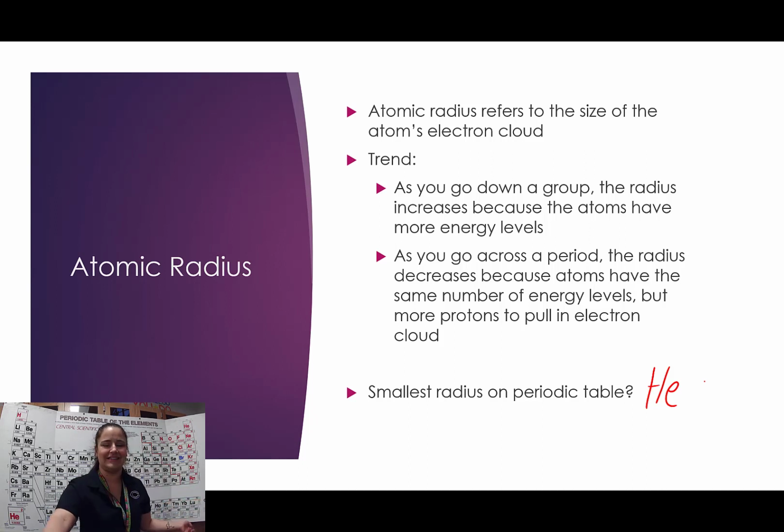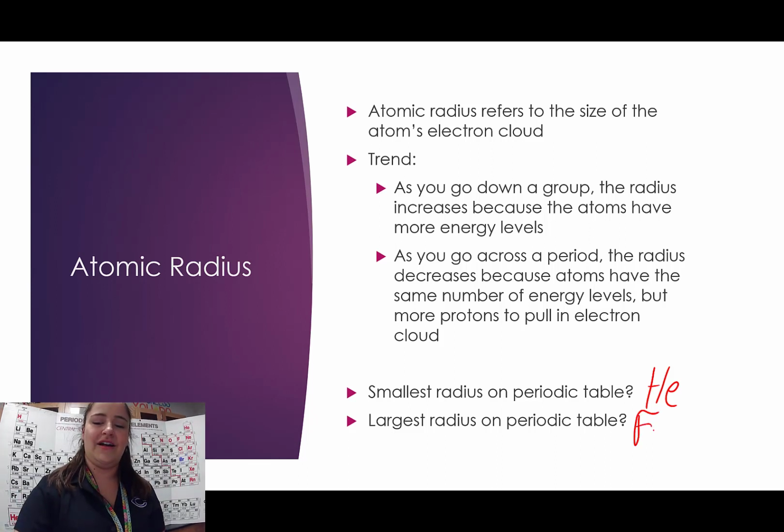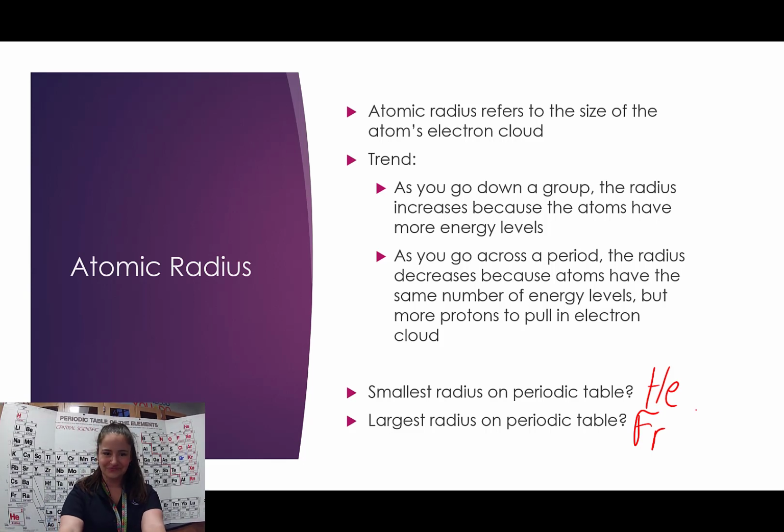So who do you think is the biggest? Yeah, okay, it's gonna be the one down in this corner. Remember, these elements are actually inserted up in there in the periodic table. So francium, with its 7 energy levels and only 87 protons to control them, has the largest radius of any elements on the periodic table. Okay, cool.